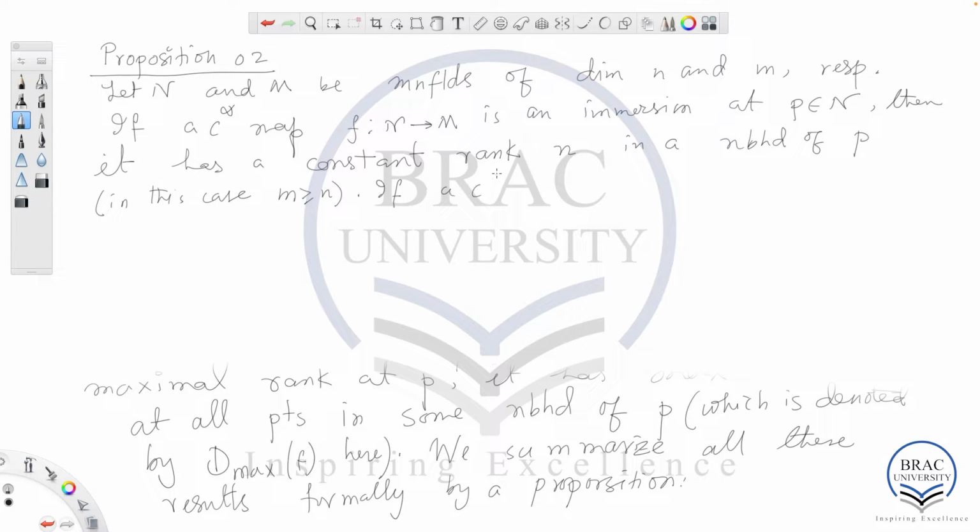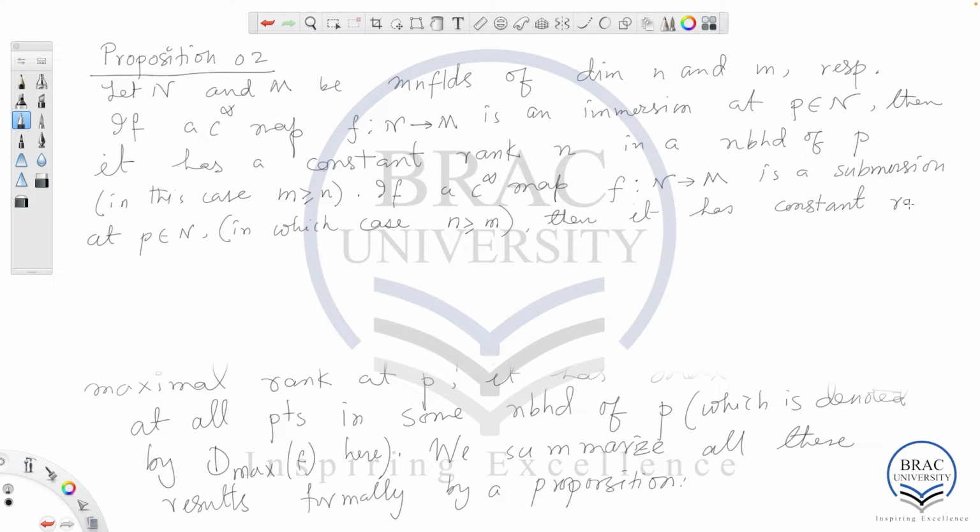Now if a C-infinity map F from N to M is a submersion at P in N, in which case n is greater than or equal to m, then it has constant rank m in a neighborhood of P. This is a very important proposition that we are going to use to prove the immersion and submersion theorems. So now it's time to provide an example.